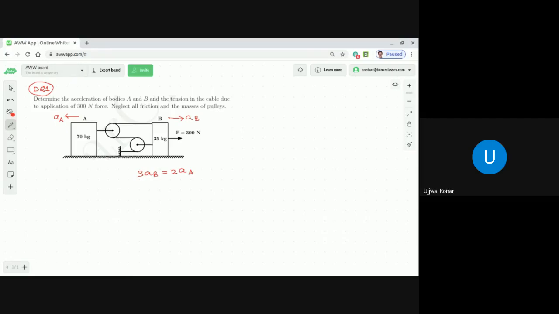Do all of you understand what constraint relation is?